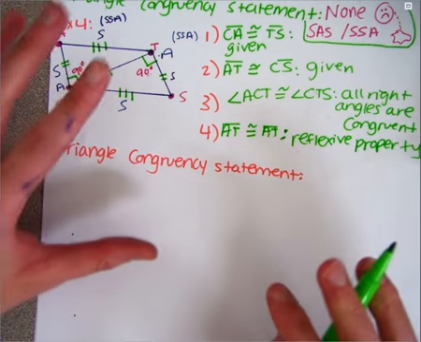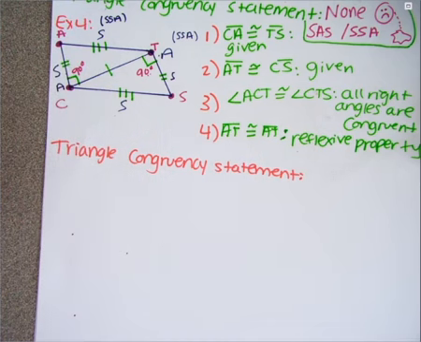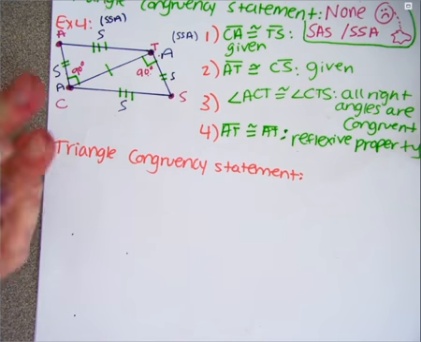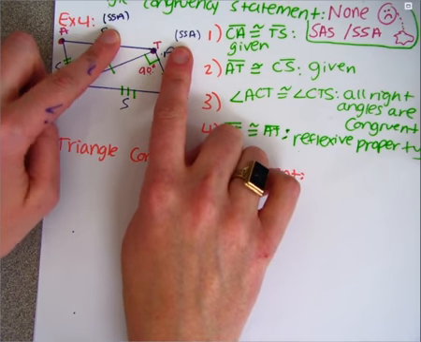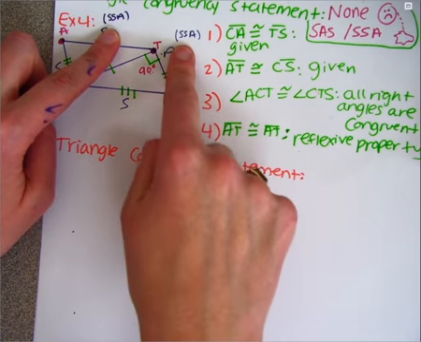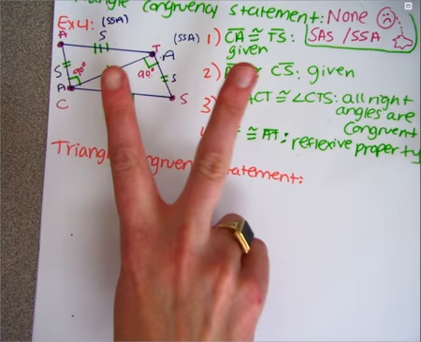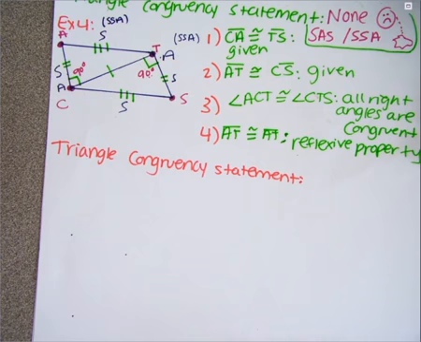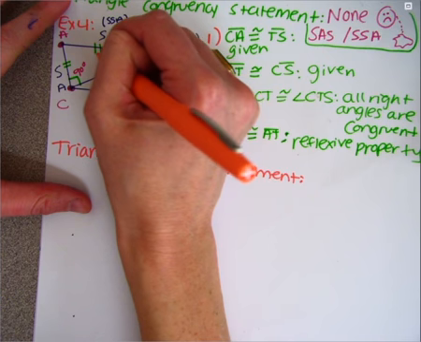So now, let's see if there's a way to show that these two triangles are congruent. And looking at it, there's actually two ways, which is pretty cool. We went from having a postulate that doesn't work in fire-breathing demon cats to having two postulates that work, which is pretty cool. Okay, so again, if I trace around my picture, I'll use a different one. I see a side, then I see a side, and I see a side.